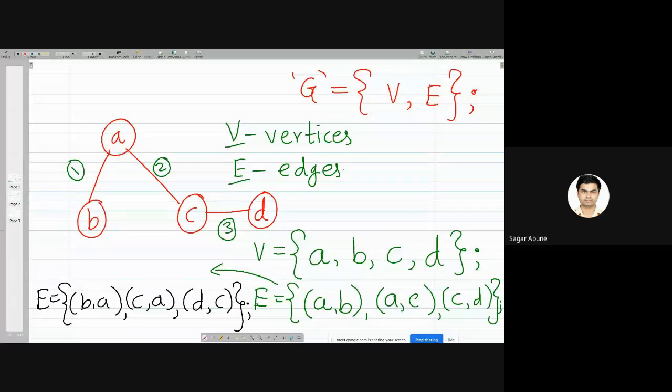So it is called an undirected graph. If there is no direction, we can represent our edge A to B like this, A comma B, or we can represent the same edge as B to A. The meaning of these 2 statements is the same. Okay, so the definition of graph is completed.